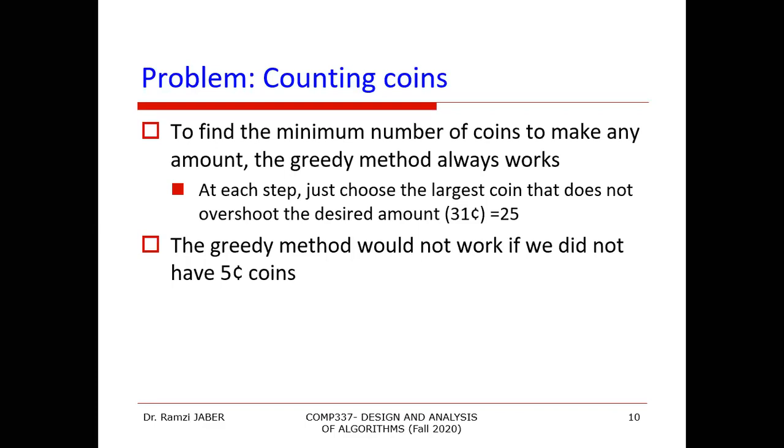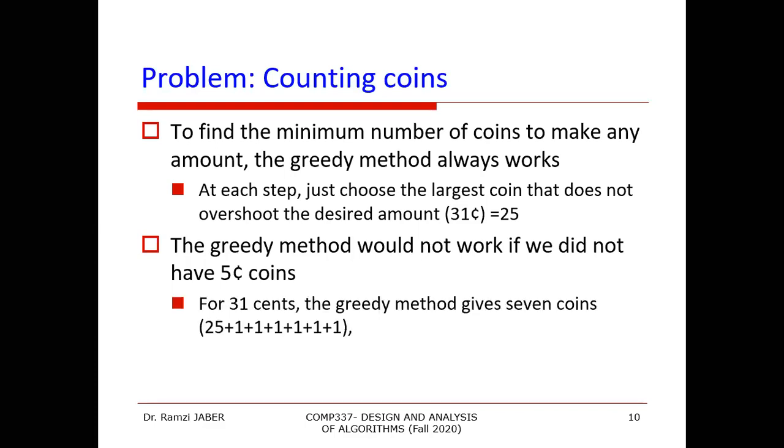For 31 cents, the greedy method gives 7 coins: 25 as the closest to the given amount, plus 1 six times to get 31. So we have 7 coins here. But we can do it with 4 coins if we choose 10, 10, 10, 1.